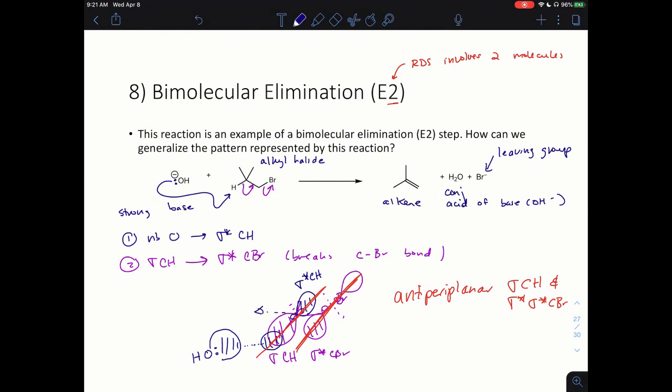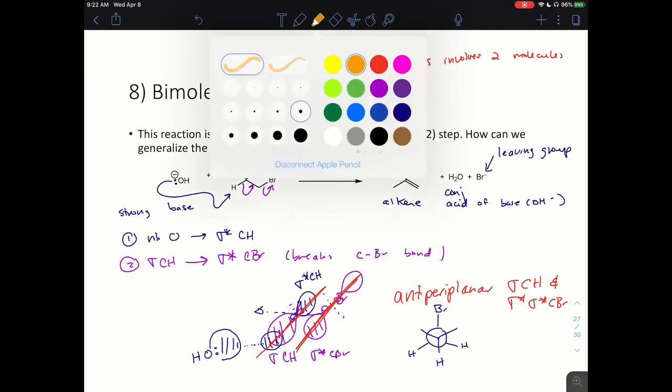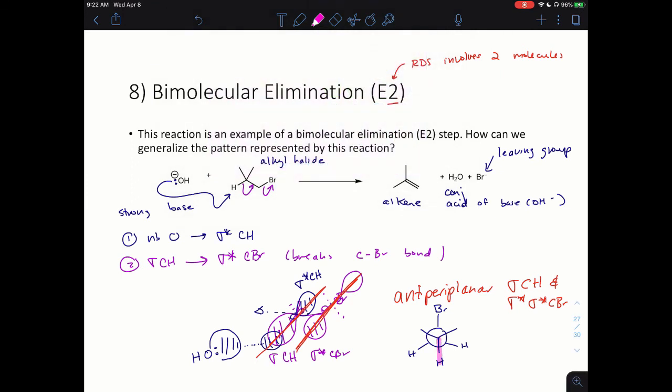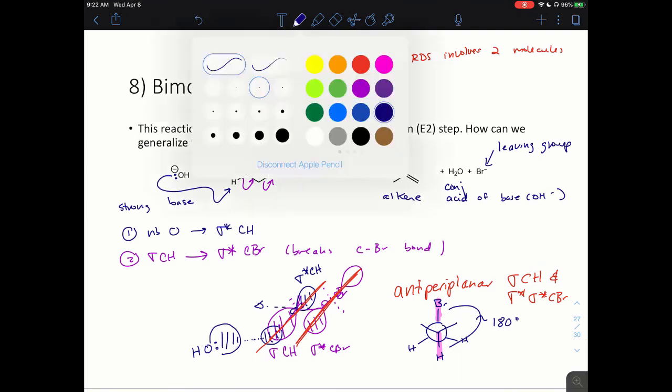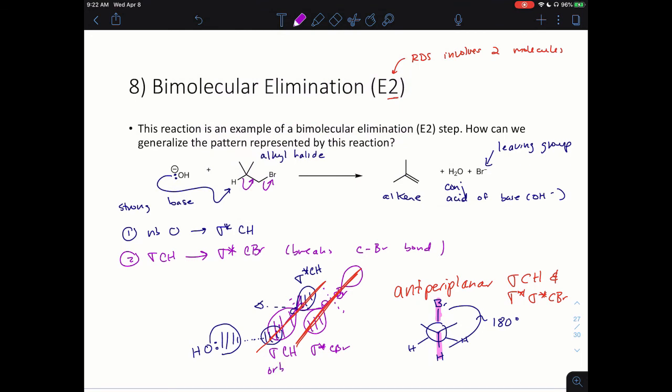Anti means that you have a 180-degree relationship between two things, so we have this 180-degree relationship between the sigma CH and the sigma star CBr. So anti just means 180. And this is required because this is how the orbitals are nicely aligned. Orbitals must be aligned to overlap.